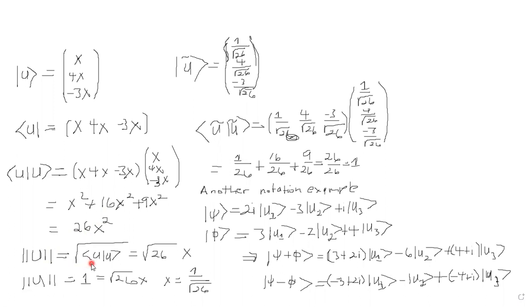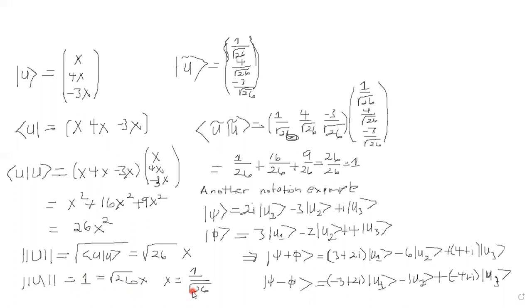We can calculate the modulus by taking the square root of 26x squared, which is the inner product, which is the square root of 26 times x. Now, if we want to normalize, what is the normalized value? Well, the modulus has to equal 1. So in order for the square root of 26 times x to equal 1, x has to be 1 over the square root of 26.